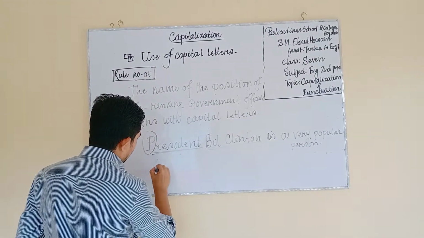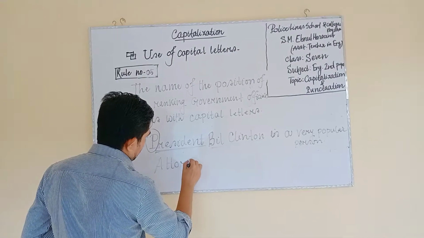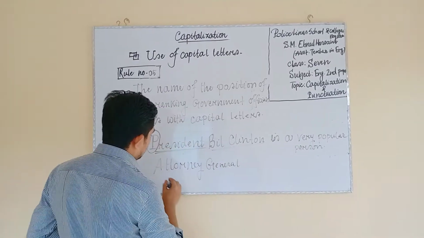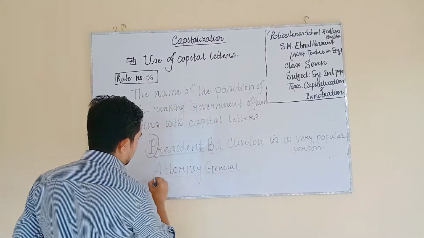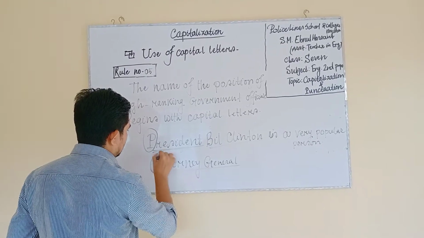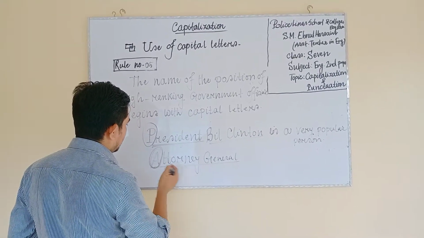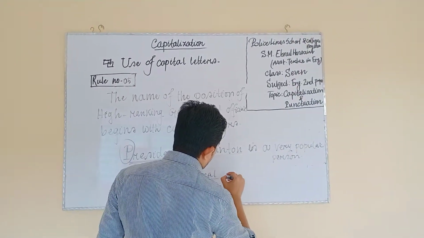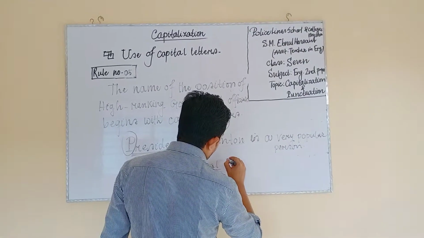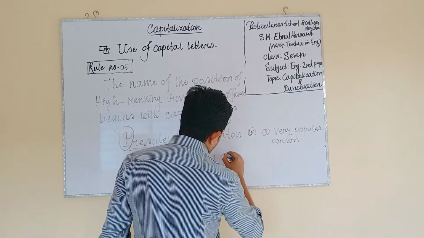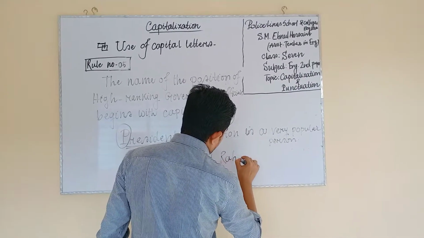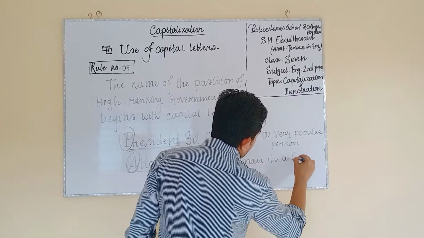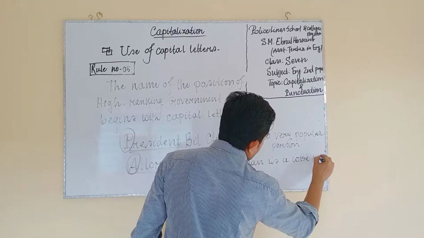Attorney General. This is the name of a high-ranking government position, and this title begins with the capital letter A. The Attorney General, Mr. Rahman, is a wise person.